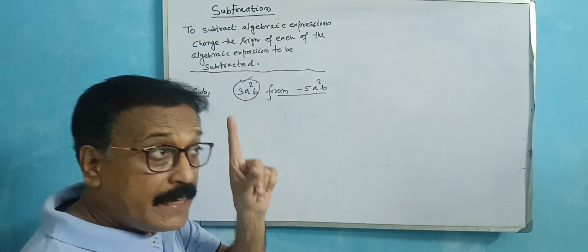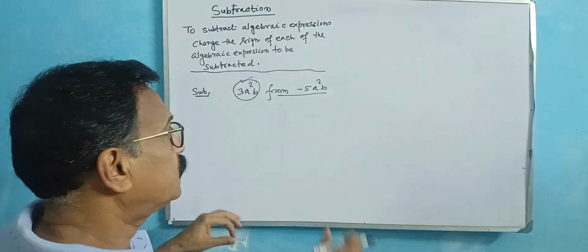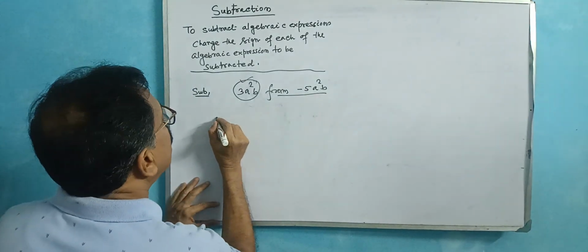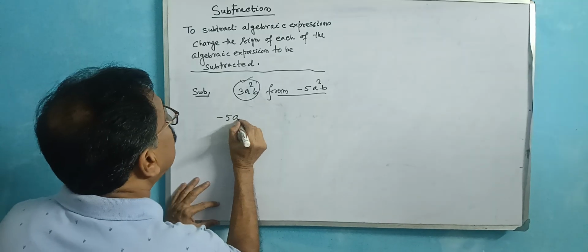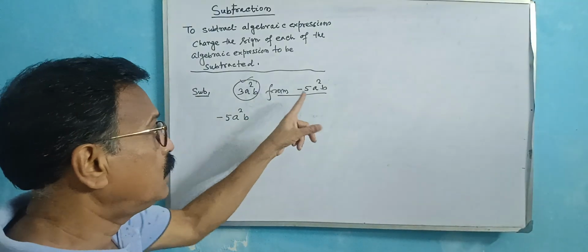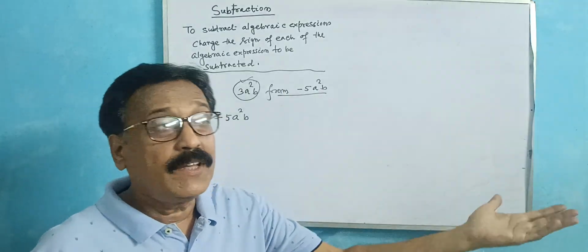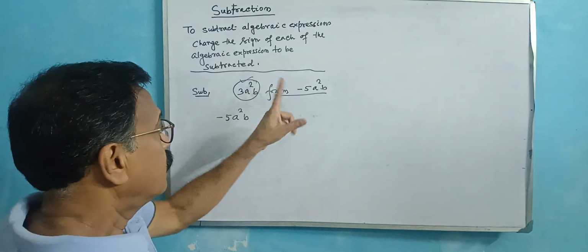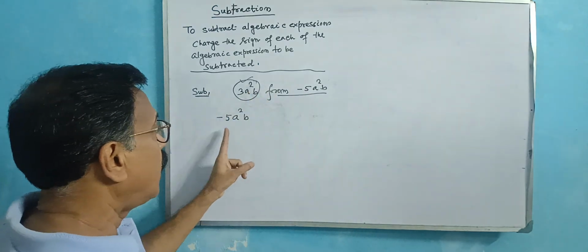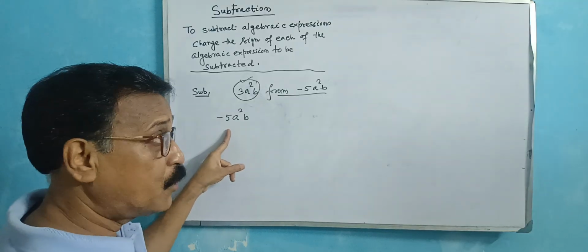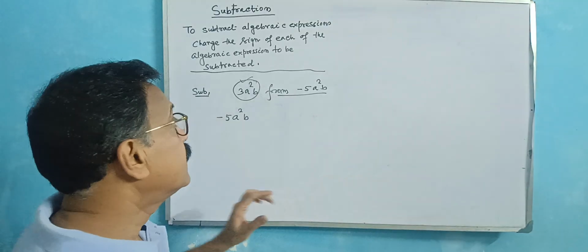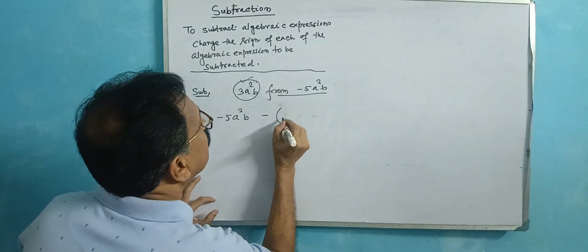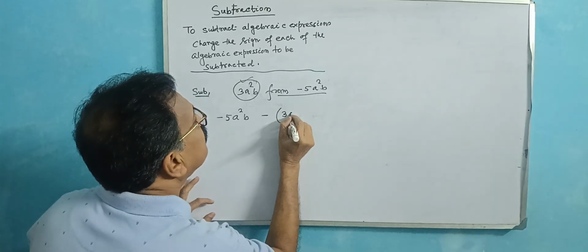In the horizontal process, whichever is the 'from' term, you write it first. From this means minus 5a square b. First you write the term you subtract from. In case of subtraction, the term that is the 'from', we write first. This is the process in the horizontal process. And subtract this, so minus, that means sign change, bracket, minus 3a square b.